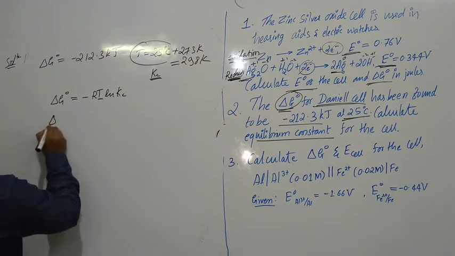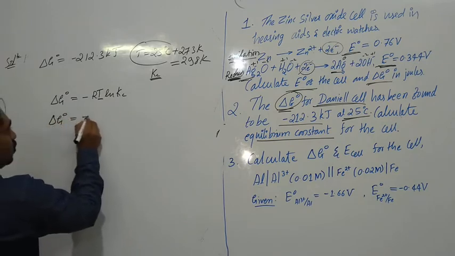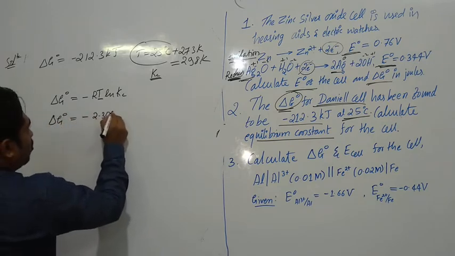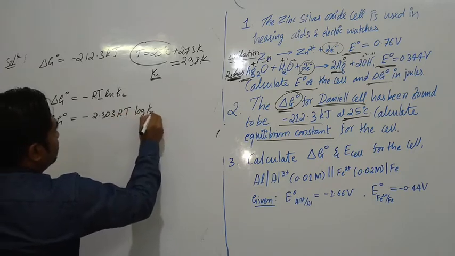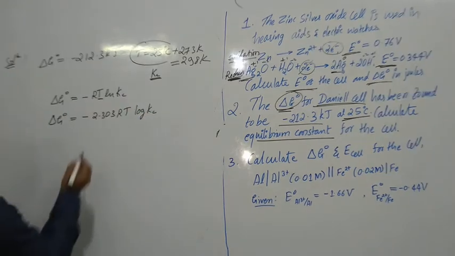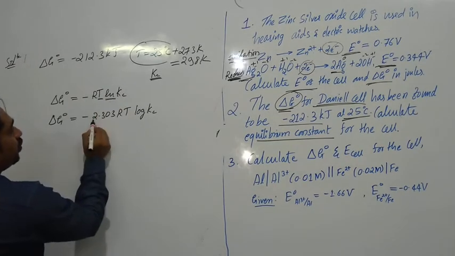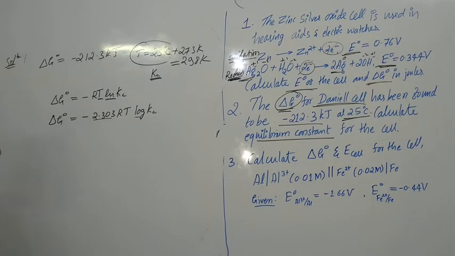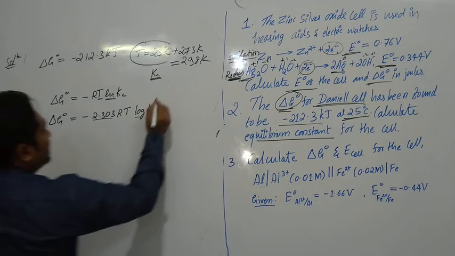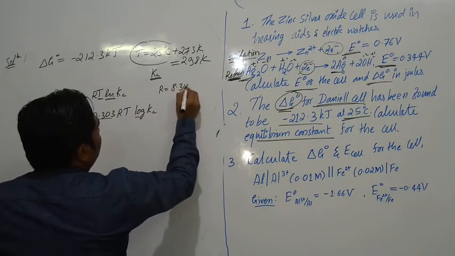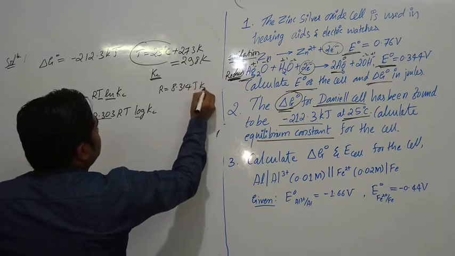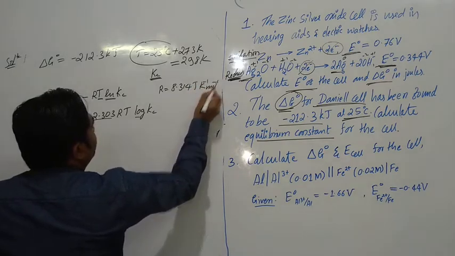Now we'll take delta G naught is equals to minus 2.303 RT log Kc. We can write like this because ln is equals to 2.303 log. So now we will put the values. What is R? R is equals to 8.314 joules per Kelvin per mole.